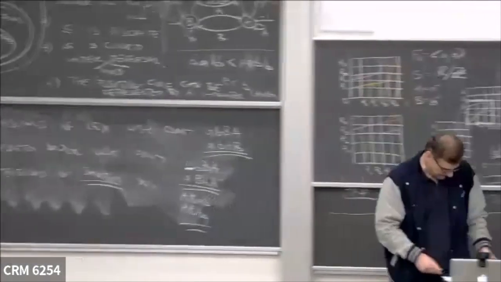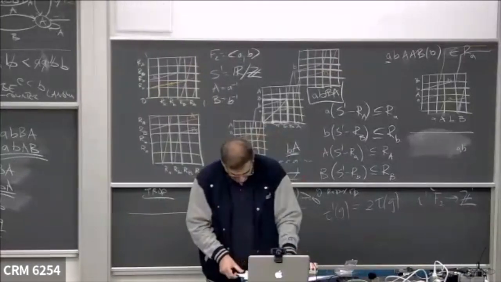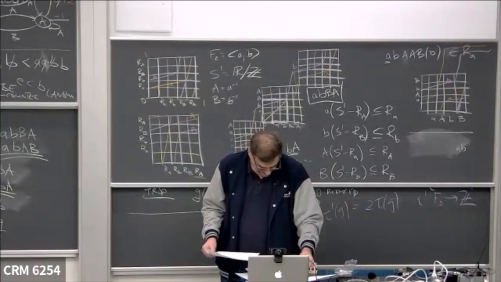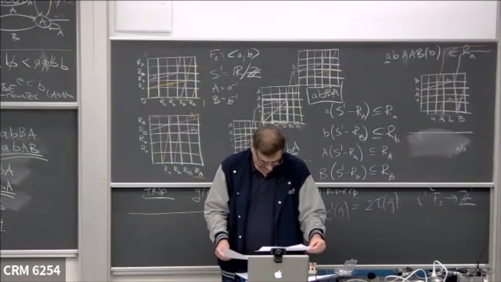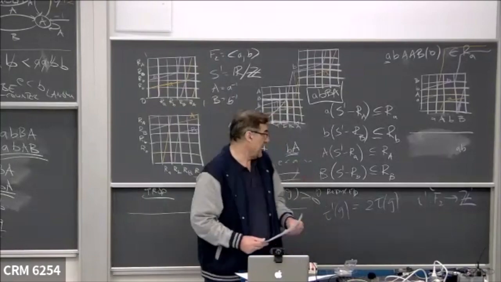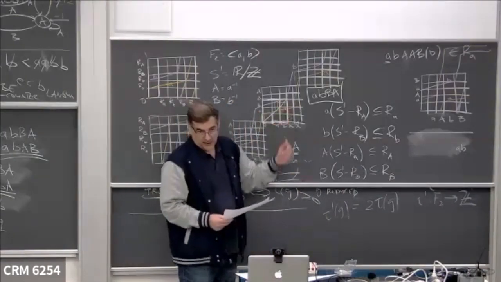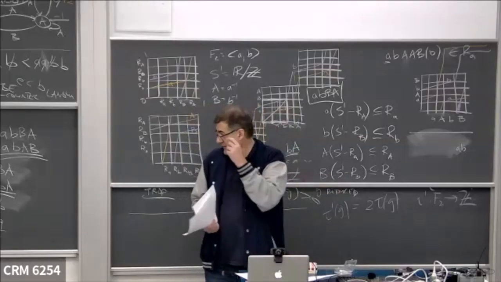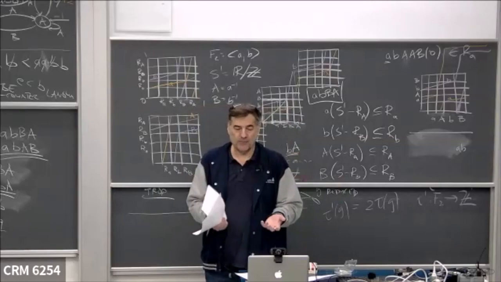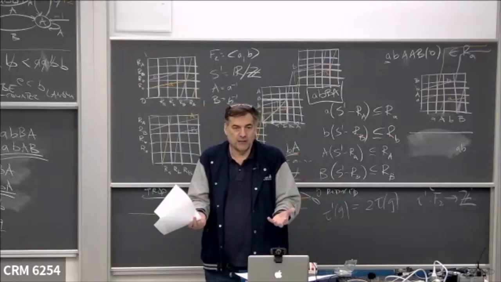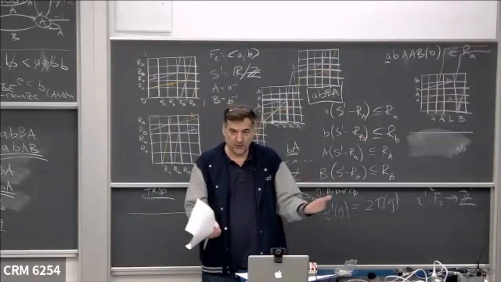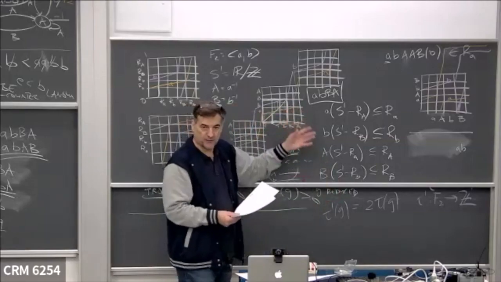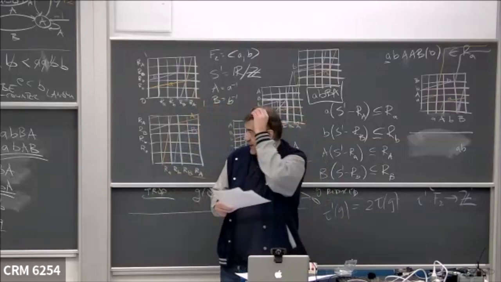I need to say some things are also happening for free products. It's slightly less obvious that I can do this for free products, and I can definitely not do it by showing you nice actions, because I have two groups, A and B, both orderable, but I don't know good actions of A and B. So I cannot even tell you how A and B act, let alone put them together and give you an action of the free product.